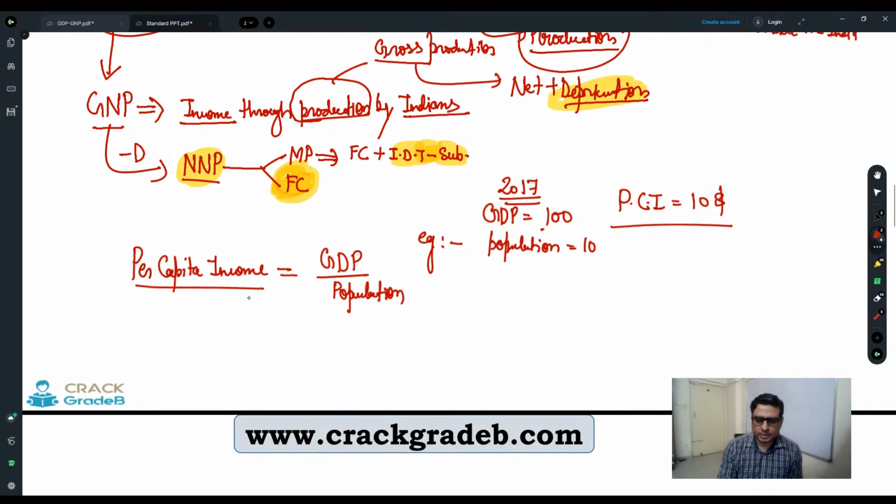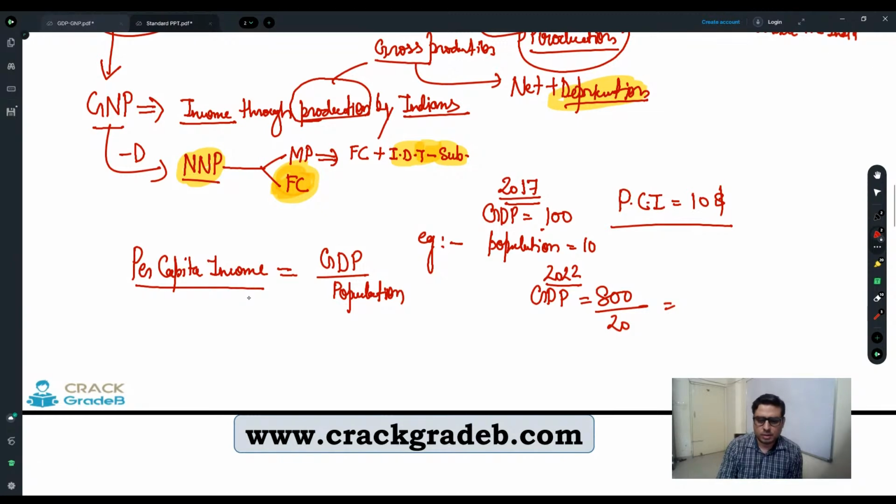Now suppose the GDP in 2022 is 800 and the population is 20. So the population has doubled, and GDP has also increased.